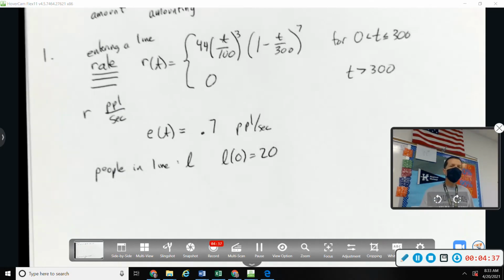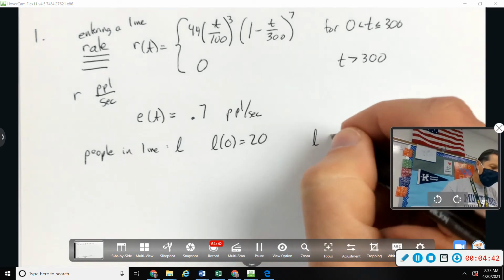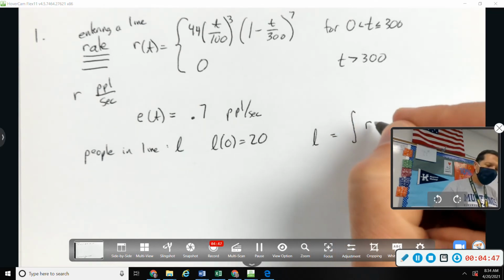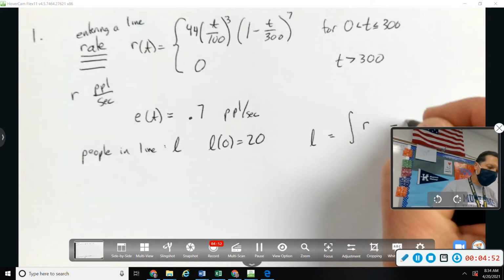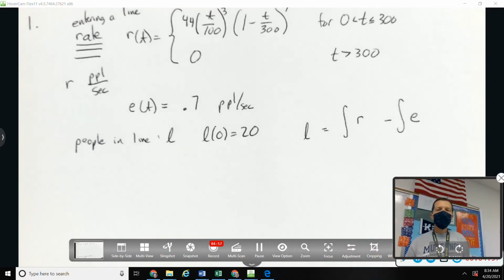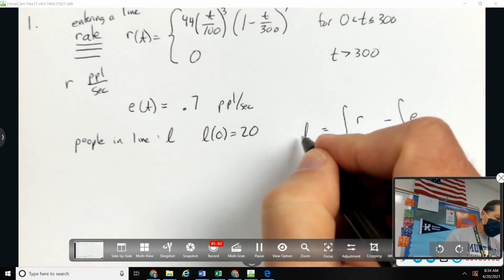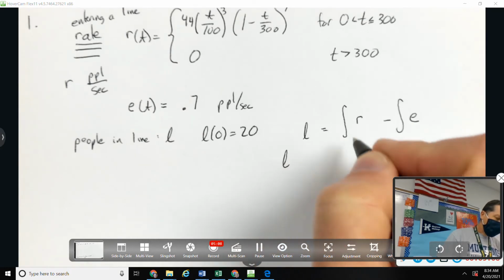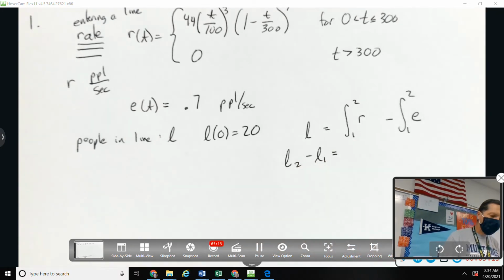Even before I start this problem, the number of people in line is going to roughly equal the integral of the rate, that's the people getting on, minus the integral of the exiters. And actually that would be a change in L. So L from 1 to 2, L2 minus L1. That's a better way to say that.